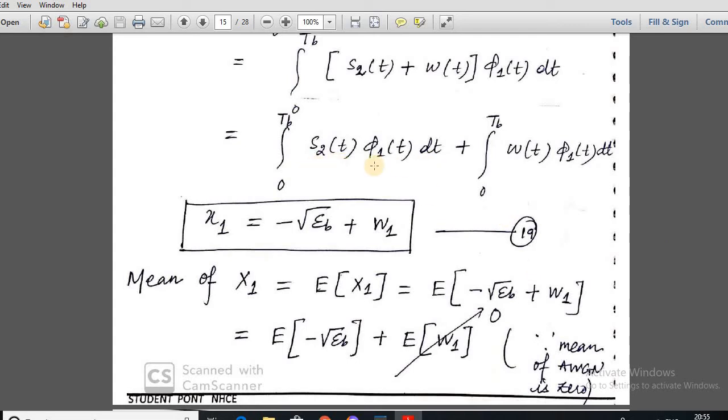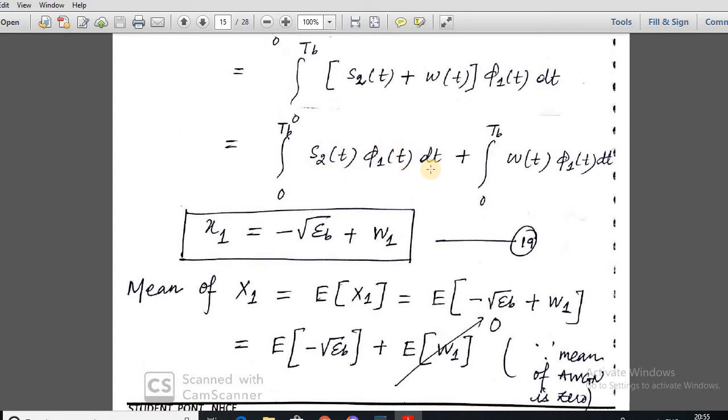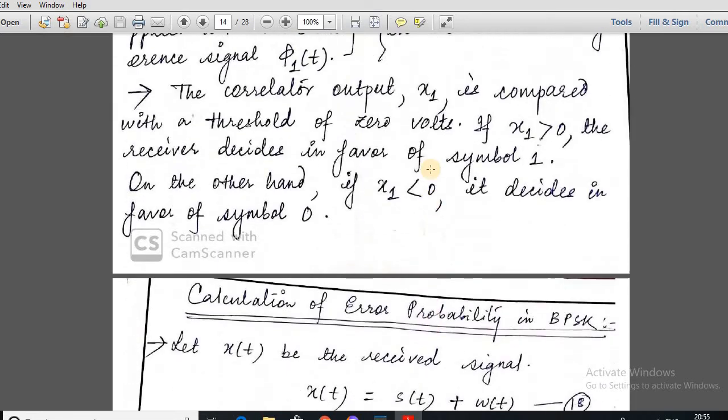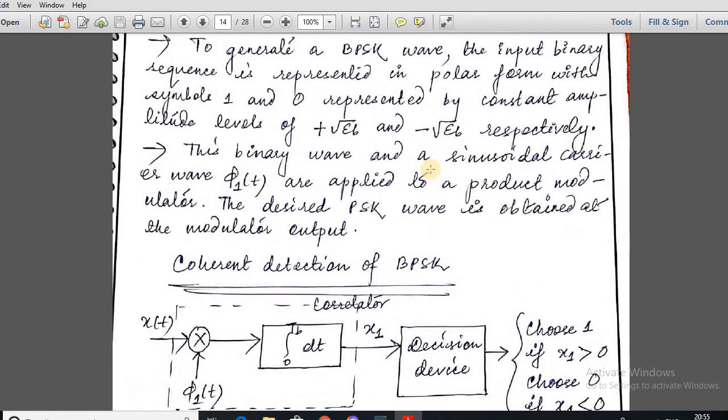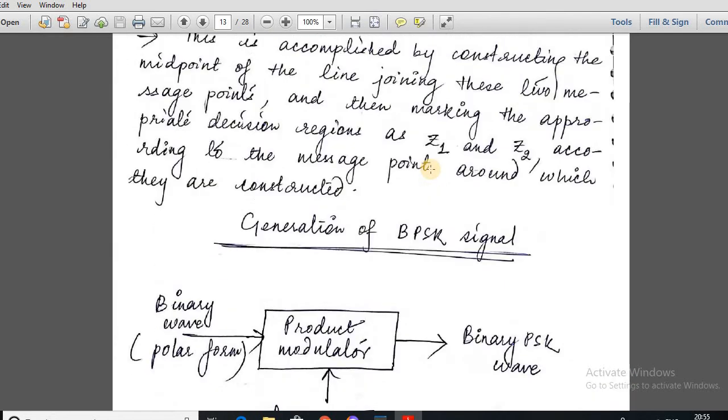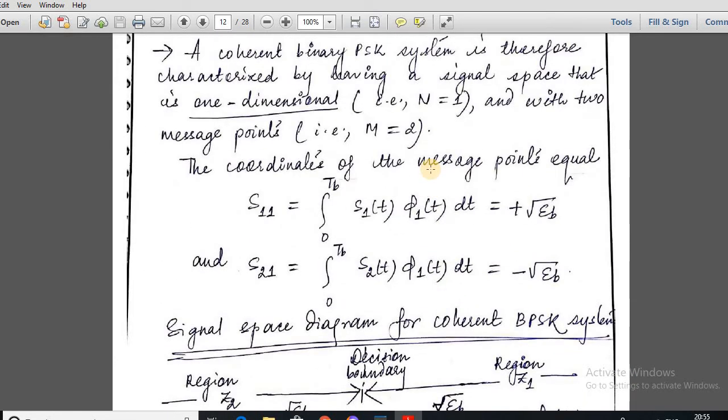So what is this? It is the projection of signal s2 on phi 1, the coefficient s21 we have seen earlier. I told you s21 is the projection of signal 2 on the carrier phi 1 of t, and its value is minus root of Eb.